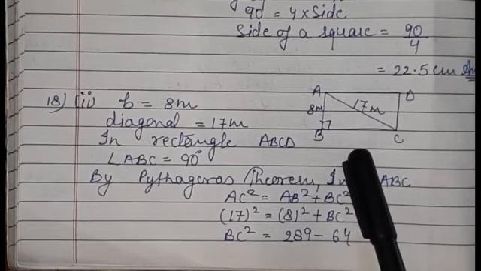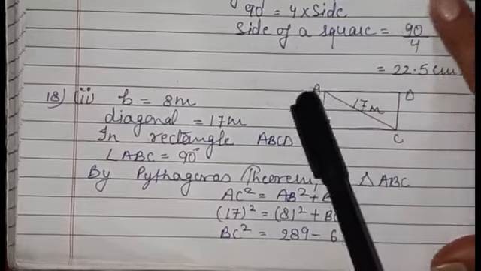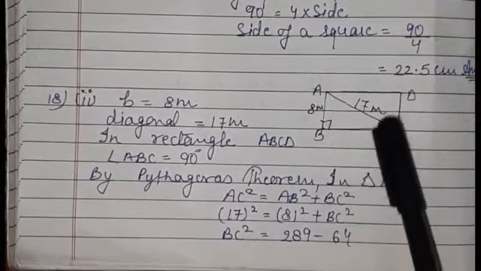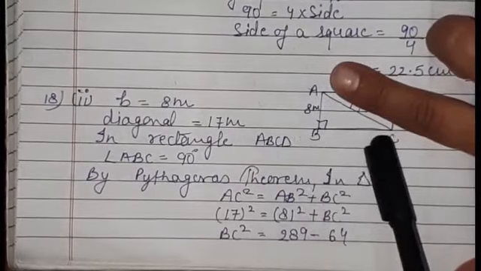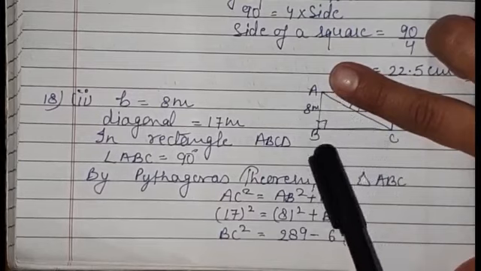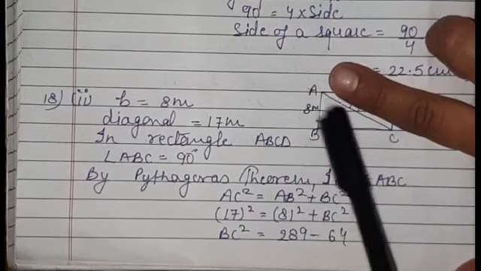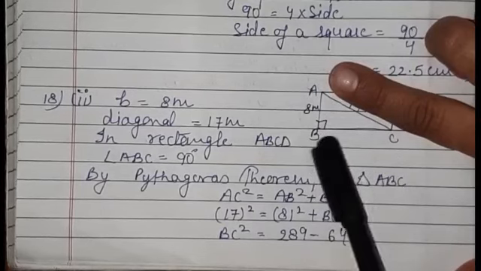By Pythagoras theorem. Because we know that in our rectangle ABCD, all angles are of 90 degree. So in triangle ABC, angle B is of 90 degree. We can apply Pythagoras theorem. So by Pythagoras theorem, hypotenuse square is equal to perpendicular square plus base square.